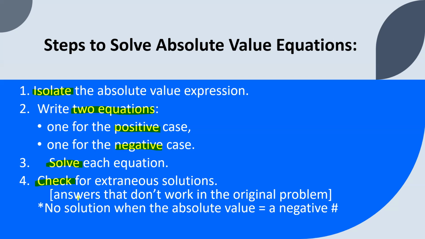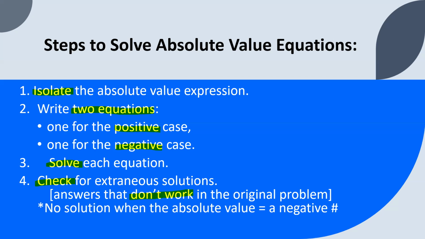Extraneous solutions are answers that don't work in the original problem. And that's because if your solution is the vertex. Does that make sense? So if it's the vertex of the absolute value, that's when that's going to happen. There is no solution when the absolute value is equal to a negative number.